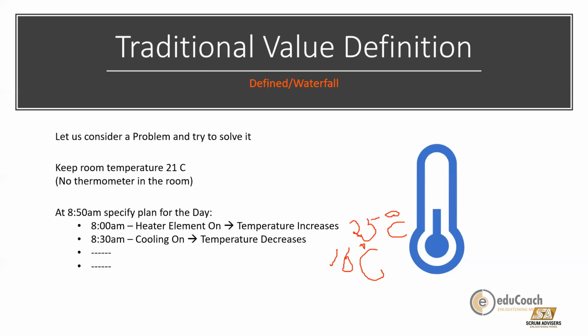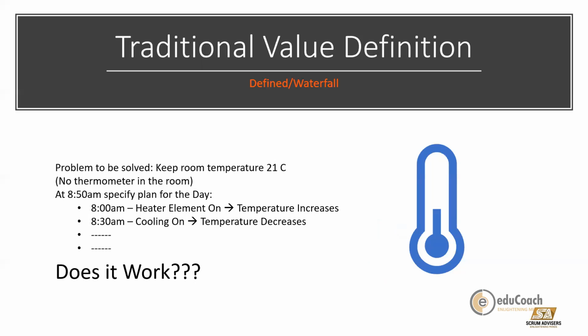Now, does that work? Is that the type of temperature control we would like? I would not be comfortable if the temperature went from 16 degrees centigrade to 25 degrees centigrade. Or for example, even if we just went from 18 to 24 or 25. That's not the kind of temperature control that I'm looking for.